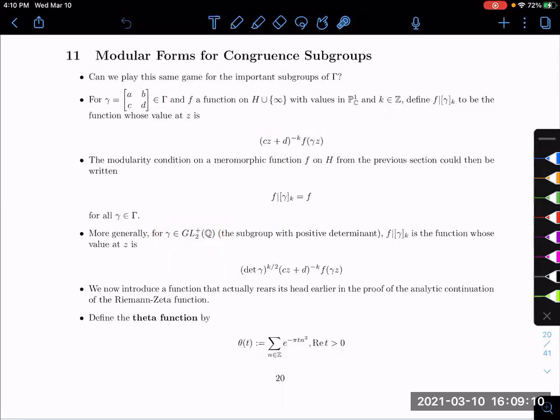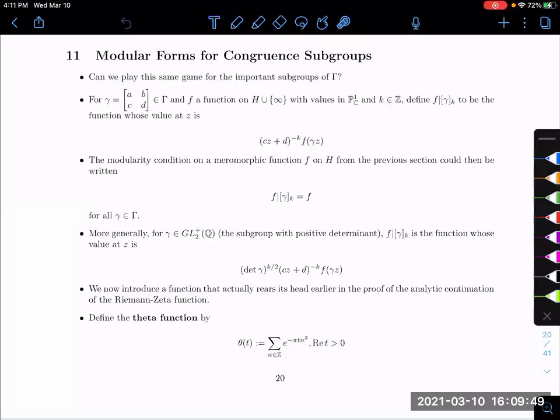And so you can define f bracket gamma more generally to not just be cz plus d to the negative k f of gamma z, but the determinant of gamma to the k over 2 power times this cz plus d to the negative k f of gamma z. And of course, if gamma happens to be in SL2Z, this determinant is 1, right? So you lose this little piece of the term here, and you end up just with what we started with. But in general, we want this to apply to matrices outside of SL2Z, and here's the correct notion for that.